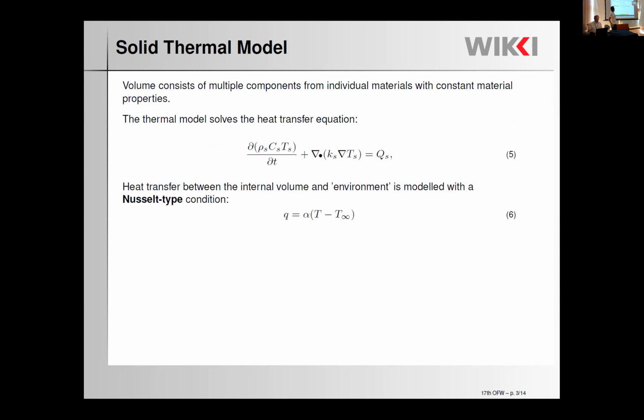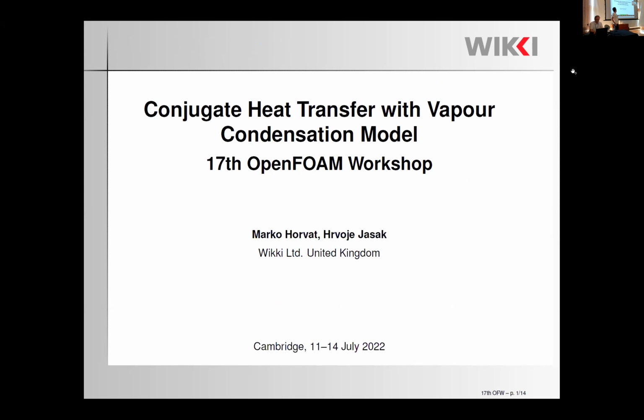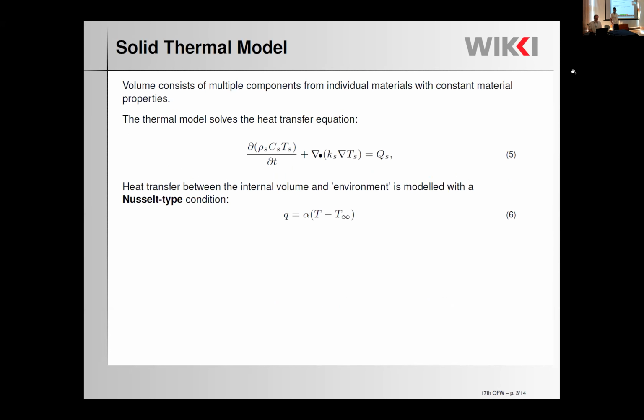The solid thermal model basically solves the equation shown here, and what is important to mention is that the solid part consists of multiple materials and multiple blocks that have their own properties, and they are all merged together in this framework.